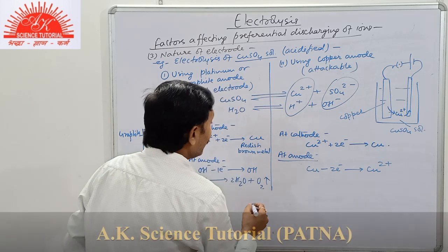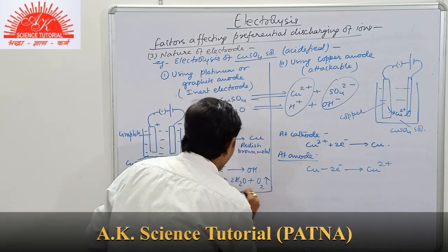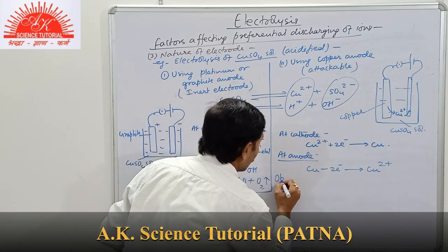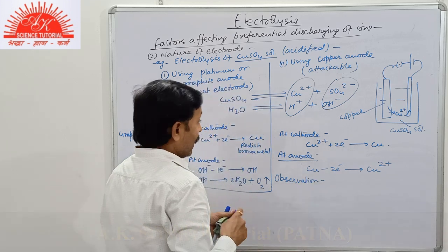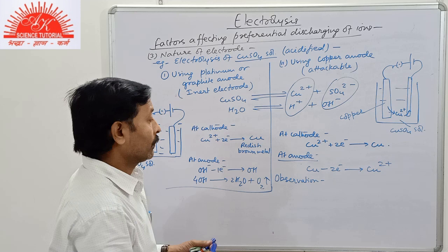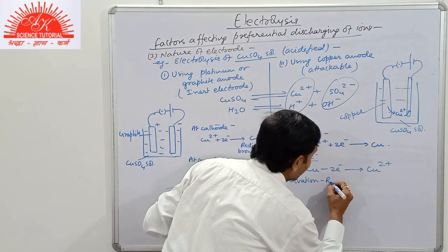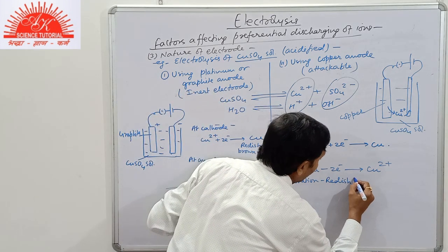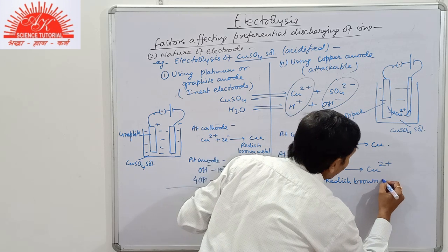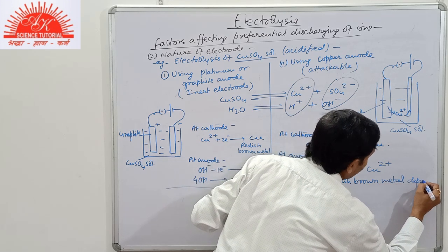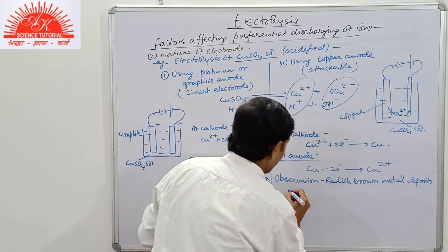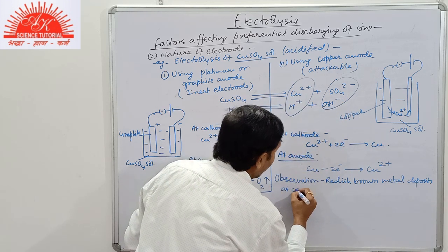Now then we write here observation. And what is observation here? You write here that reddish brown metal deposits at cathode.